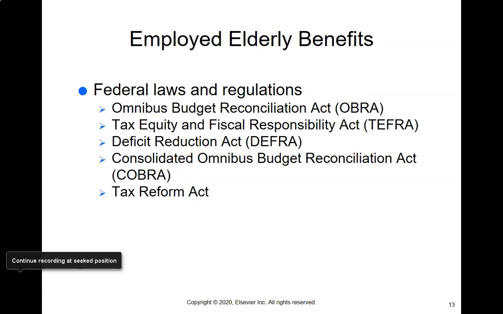However, the spouse and dependents must have been covered under the plan before the covered employee terminates. Spouses who are widowed or divorced while receiving continued coverage must report such changes to the benefit plan administrator within 60 days of the employee's death to determine how many additional months of coverage are available.